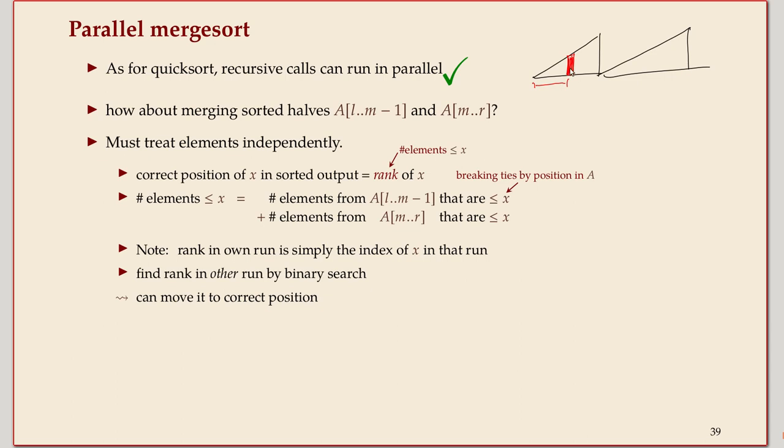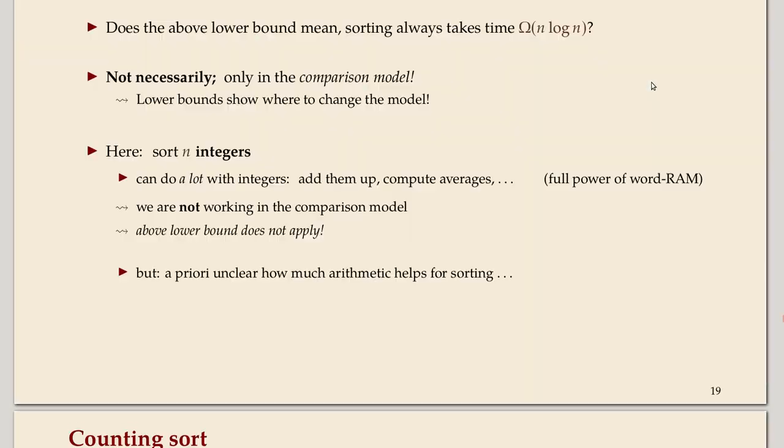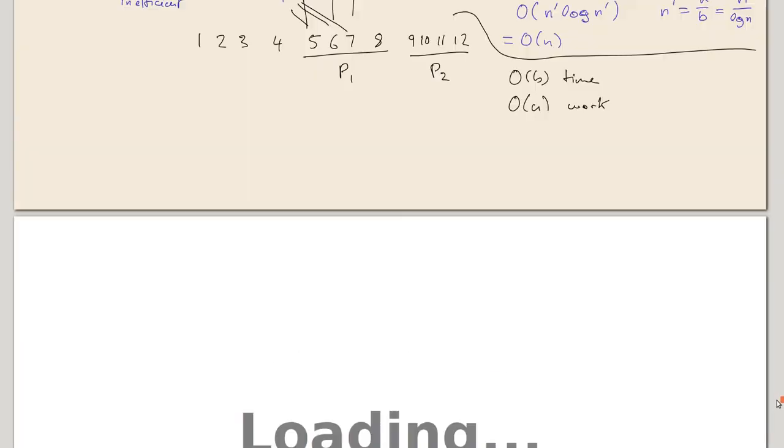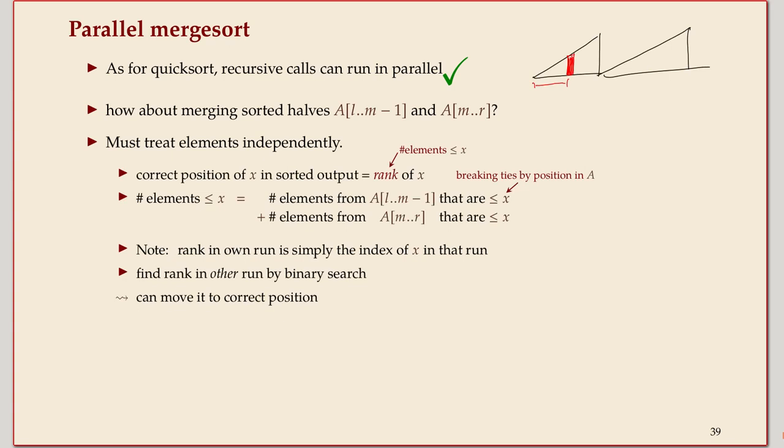Okay, we know the rank of any element inside its own run. We have to find the rank of this element inside the other run. So I have to find where this element X belongs in this run, but it's sorted, so I can use binary search.